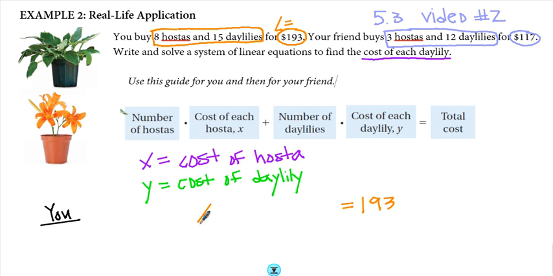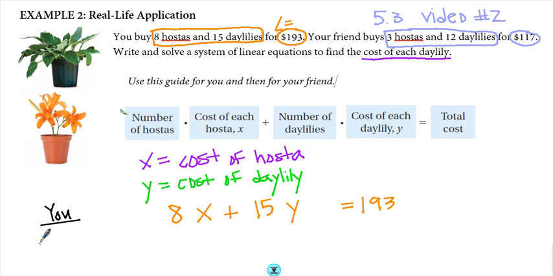Now, the cost of each hosta is X, plus the cost of each daylily, Y. The number of hostas is 8, and the number of daylilies that you bought is 15. So your equation is 8x plus 15y equals 193.